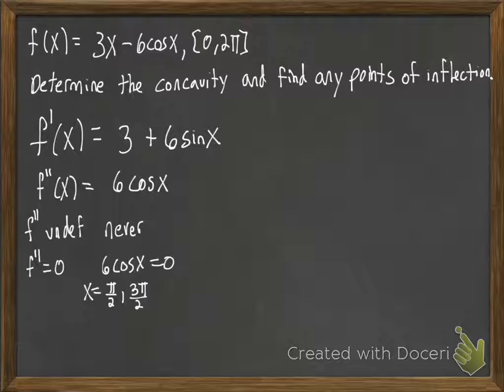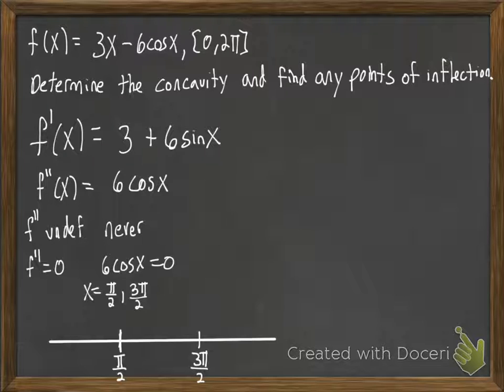We would then plot those values on a number line and test the second derivative in each region that's created. So it would be here at pi over 2 and also down here at 3 pi over 2.